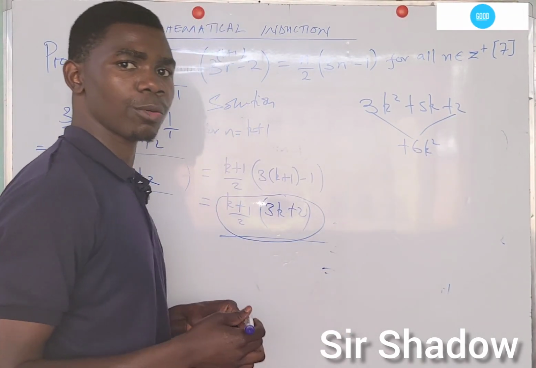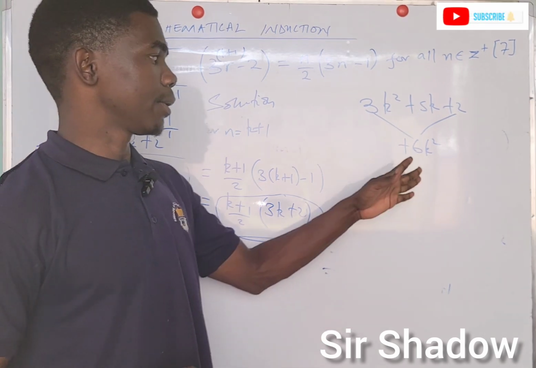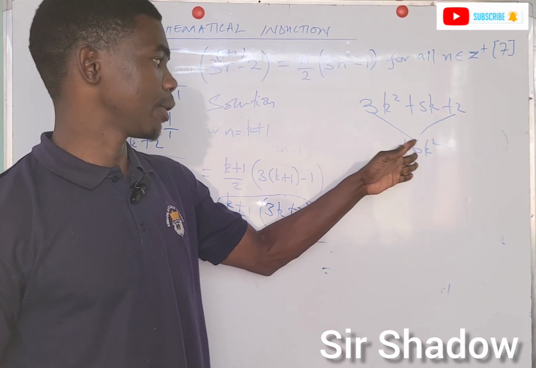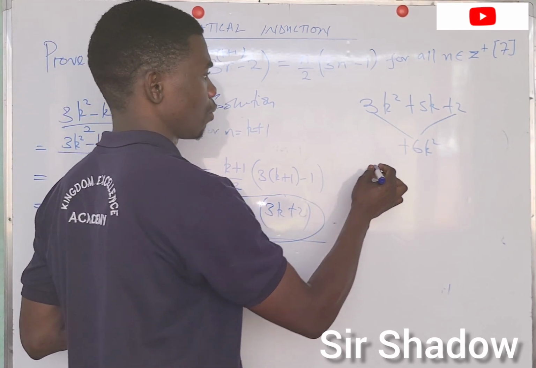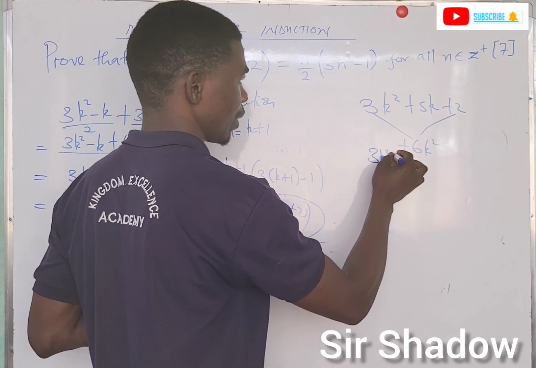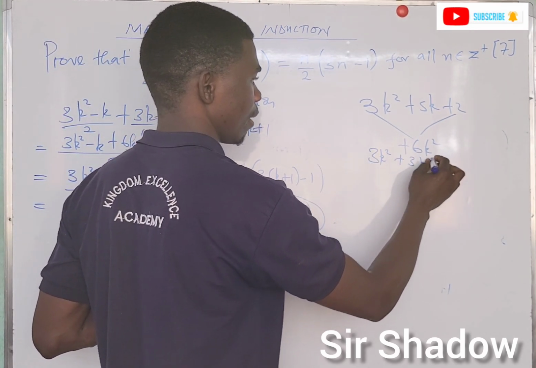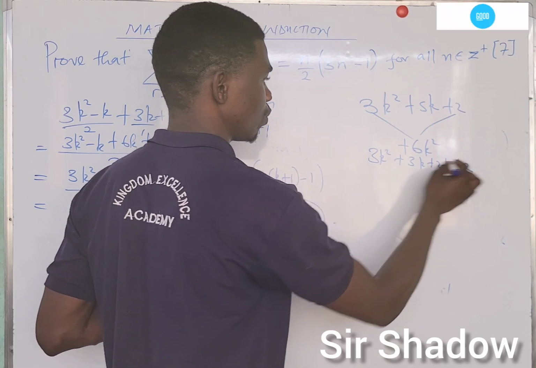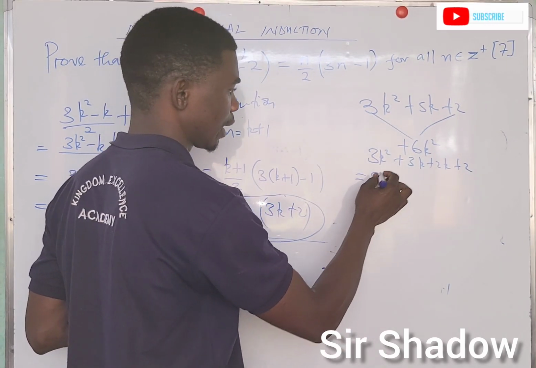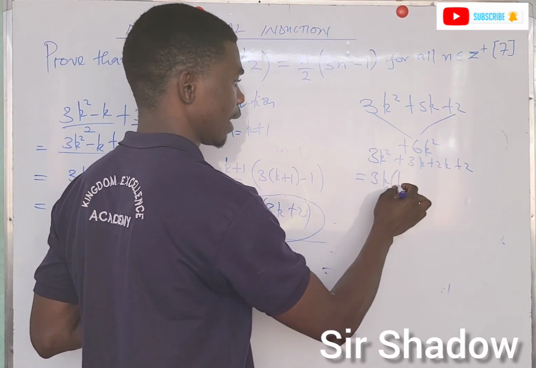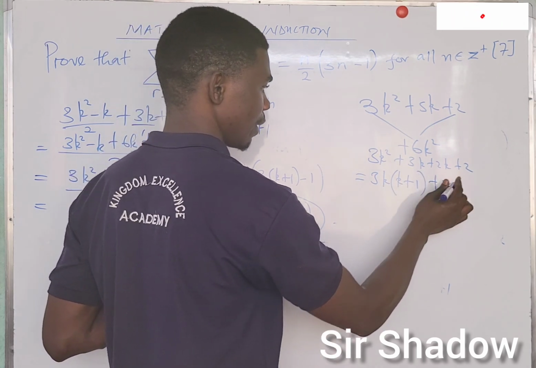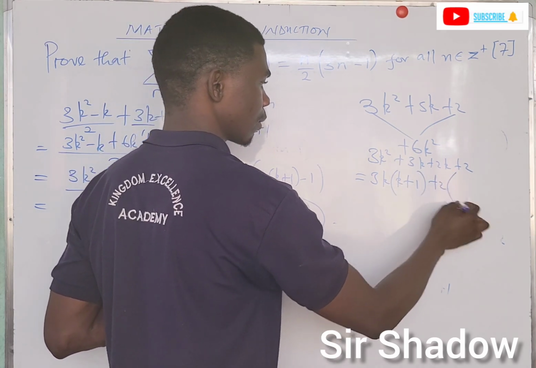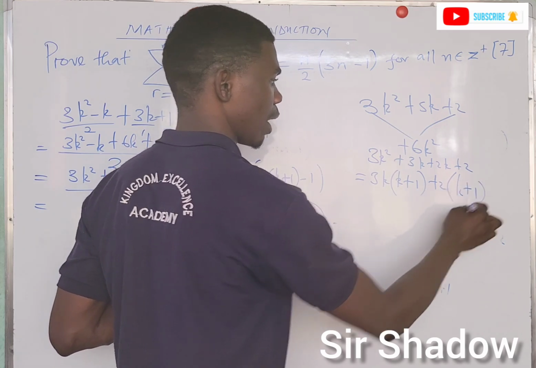So we want to find the factors of 6. If you multiply those two factors, they give 6, and if you add, they give 5, which is plus 3 plus 2. So we are saying 3k squared plus 3k plus 2k plus 2. Factor out 3k, then we are left with k plus 1. Factor out plus 2, then we are left with k plus 1.